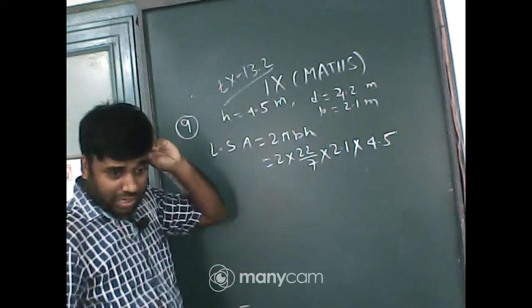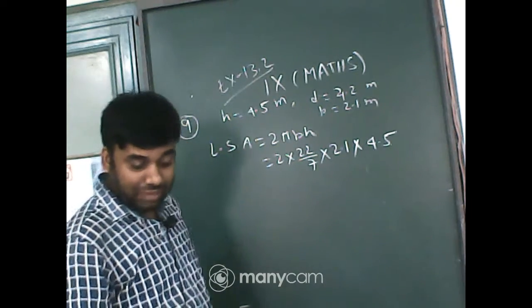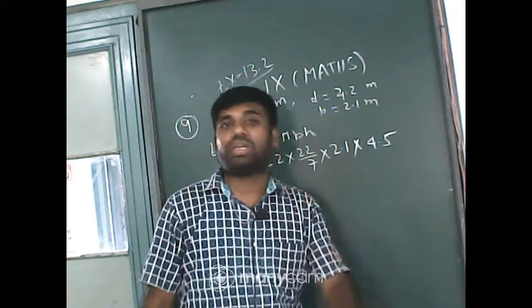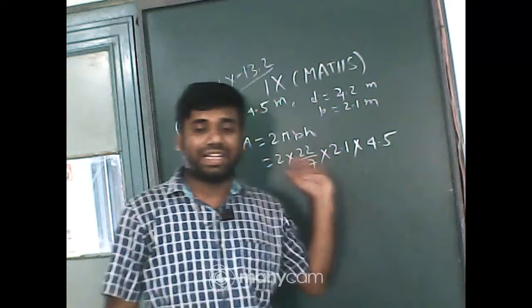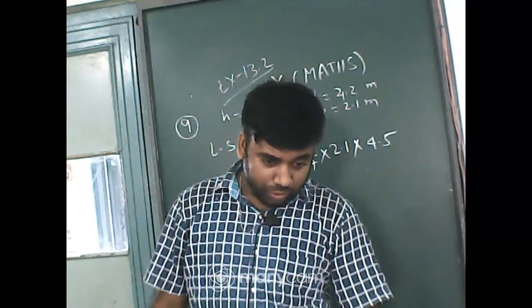Sir, we have to find the total surface area. Yes, total surface area is asked in the next question. But go through the question. The first two words, find LSA. That's why I am finding LSA. Okay, Suhit, check it.